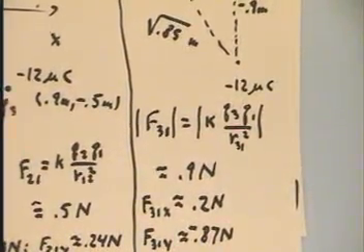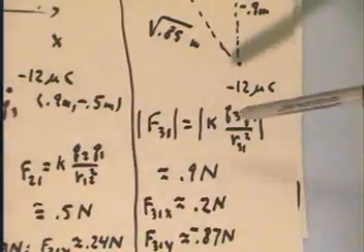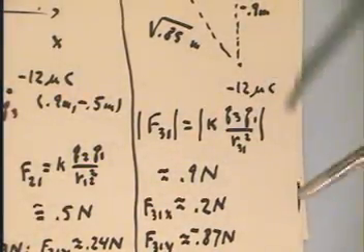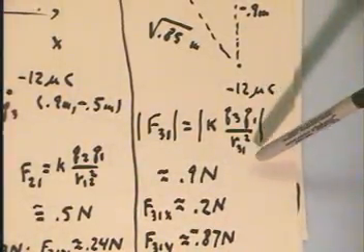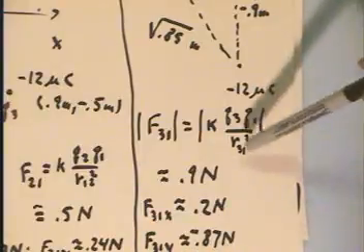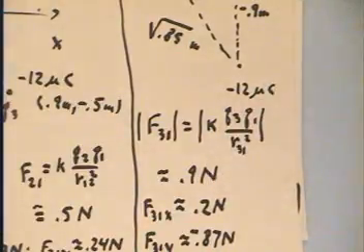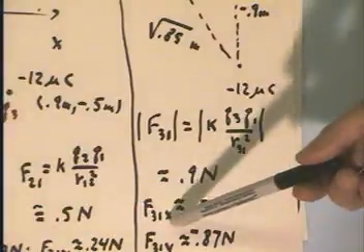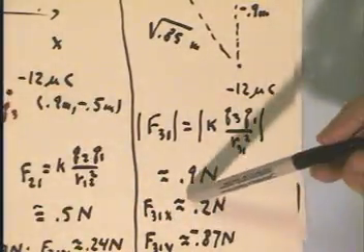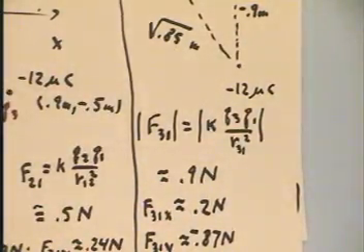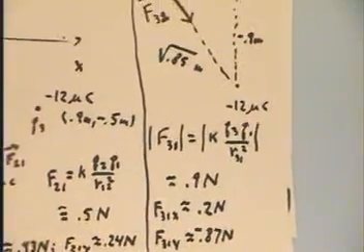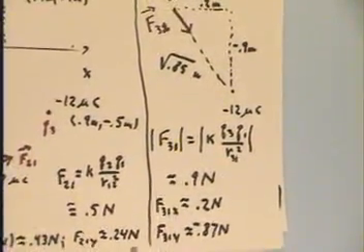Plugging in the values of Q3, the negative 12 microcoulombs, Q1, the 7 microcoulombs, and the R31 that we just saw, we get a force of 0.9 newtons. To get the x and the y components, we have to multiply the 0.9 newtons by the sine and cosine of the angle of the force.